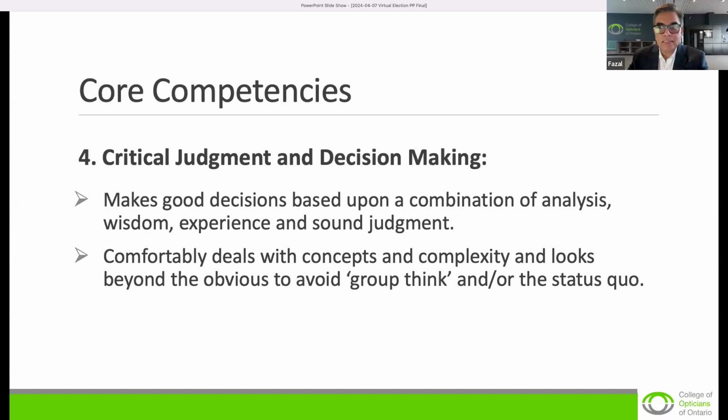And when you come to these decisions, we can defend them if they're challenged, rather than I just think it's a good idea. The other thing is also not to get caught up in groupthink or maintaining the status quo because you're just worried about rocking the boat.